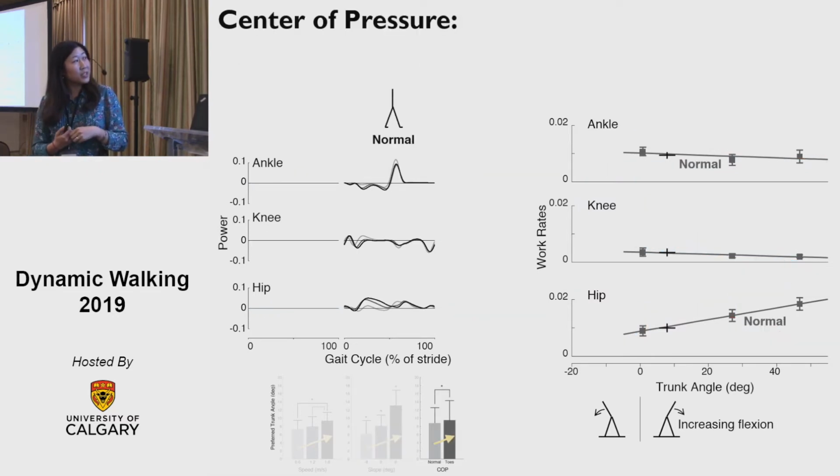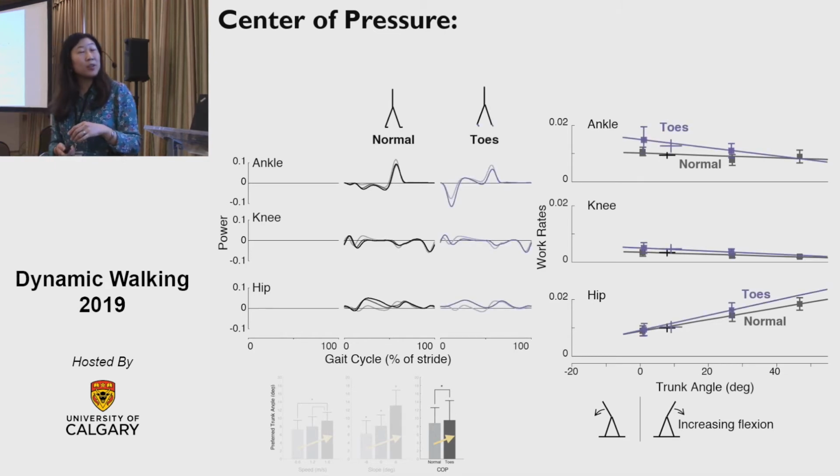So if you look at center of pressure, this again is the normal plot. And if you go on your toes, there are some differences in the power and then the work rates. But again, you see something similar, not as drastic a change as if you're going up slopes or walking faster. But you see again this decrease in the ankle and then an increase in the toes.